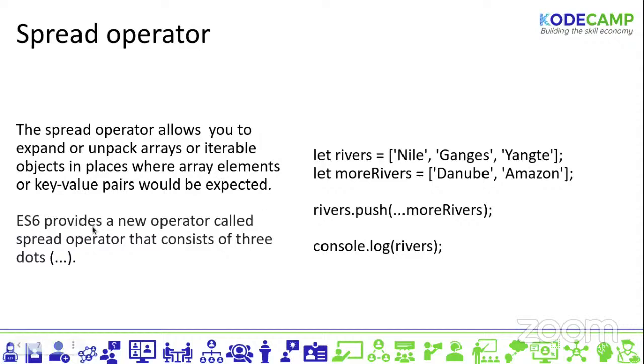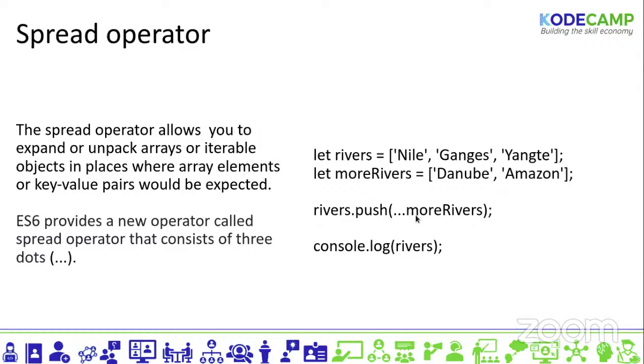So ES6 provides us with a new operator called the spread operator that consists of 3 dots. These 3 dots are written before the variable name that you want to spread. So if you wrote River Nile here and all these other rivers, and you want to add more rivers to this, you can do rivers.push.